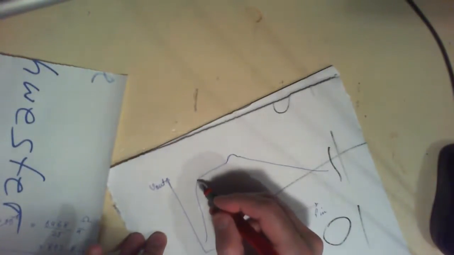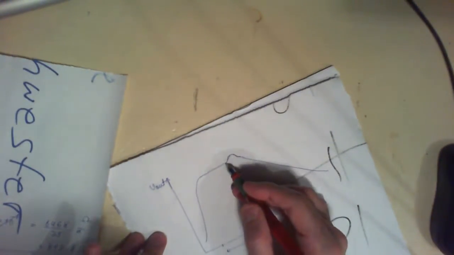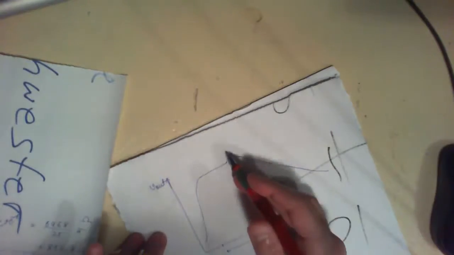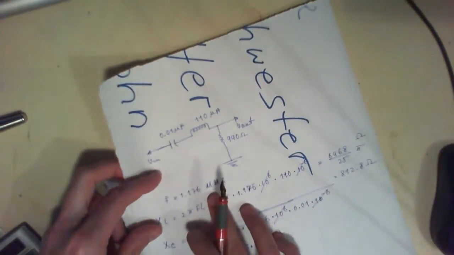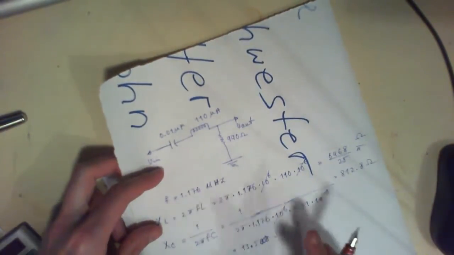So we had this distance over here where the output was actually kind of constant, then it got to a peak, and after that basically started decreasing. So I'm not really sure if 1.176 megahertz is actually the resonant frequency of this circuit.